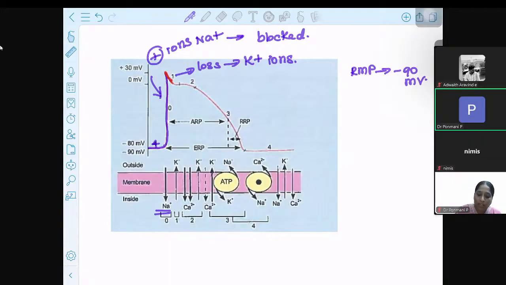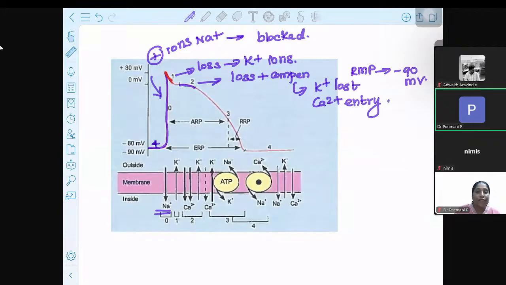After phase 1, there is a plateau phase, which is phase 2. This means that this loss is compensated by an influx of another positive ion. That means the potassium is also lost, but this is compensated by the calcium entry. And that is the reason for phase 2.